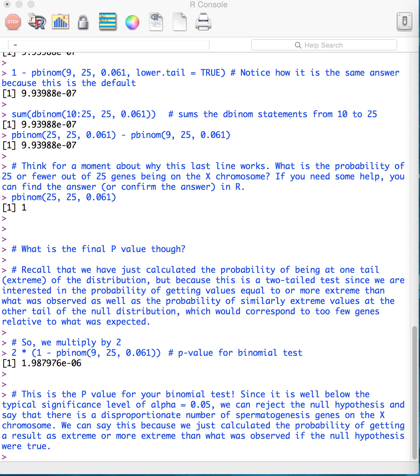We can say this because we calculated the probability of getting a result as extreme or more extreme than what was observed, 10, if the null hypothesis were true. And this value here for p is far less than our significance level of 0.05. Therefore, we reject the null hypothesis and we accept the alternate hypothesis that this value is something other than 0.061.